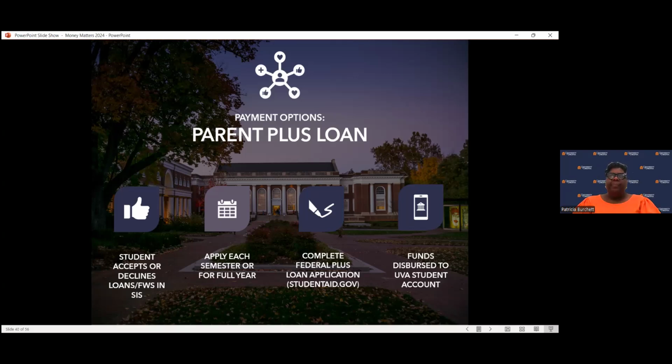Federal work study is funding that a student can get approved for as a part of their financial aid package. And what that does is allow a student to work on grounds at a federal work study position, or at a non-profit organization that's partnered with the university, in a capacity where the student could be receiving federal work study funding.